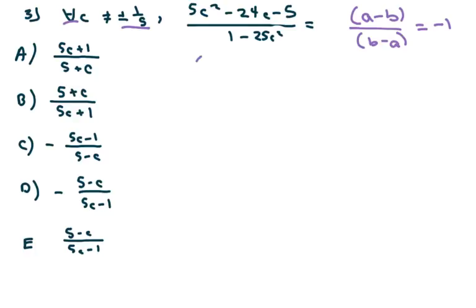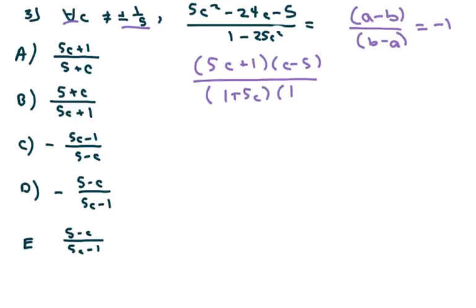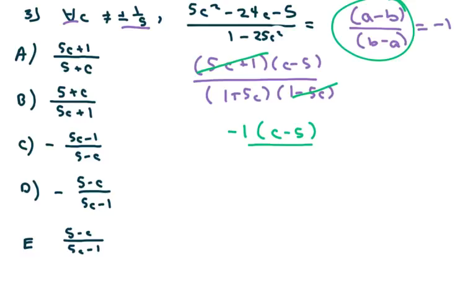We're going to get 5C plus 1 times C minus 5 over 1 plus 5C times 1 minus 5C. Now this has this going on, so that equals -1. So you get -1 times C minus 5 over 1 plus 5C, which gives you answer E.